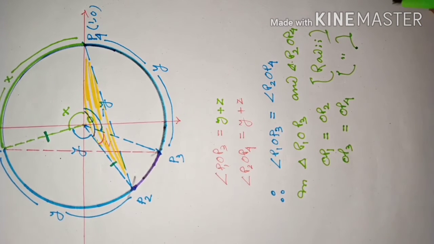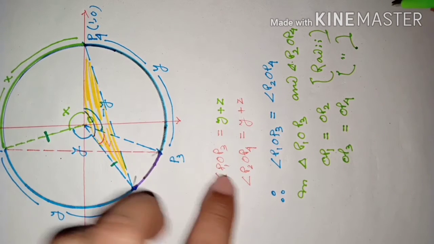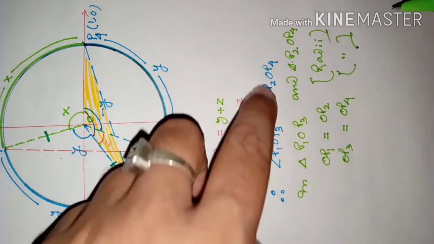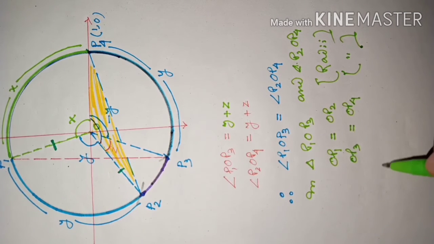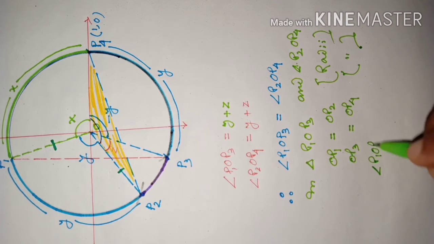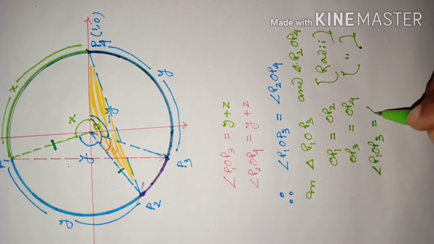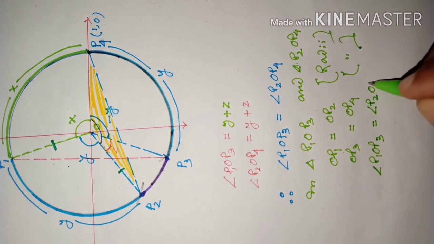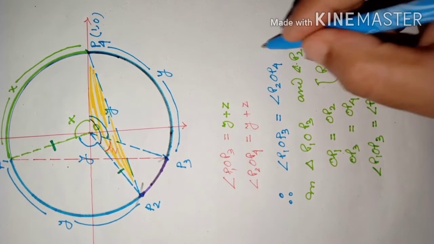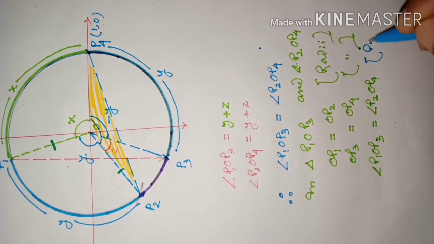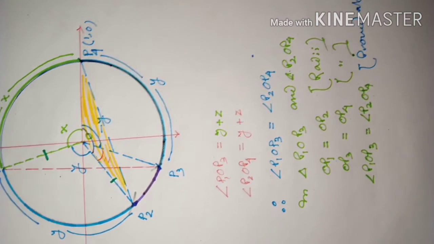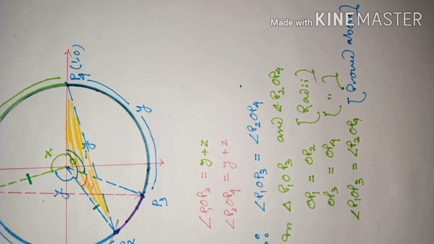Then another point: angle P1 O P3 is equal to angle P2 O P4, which is already shown here, proved above. So now what will you say about these two triangles? These two triangles are congruent triangles.